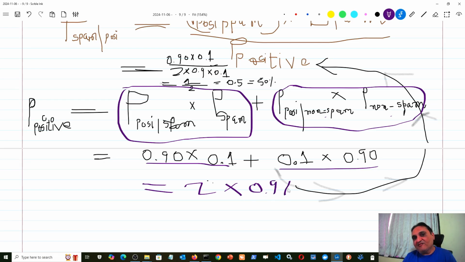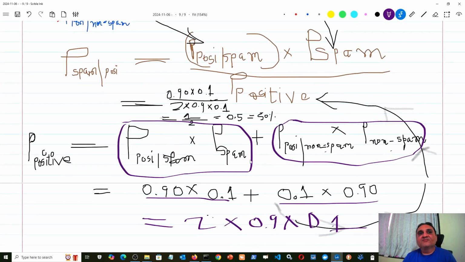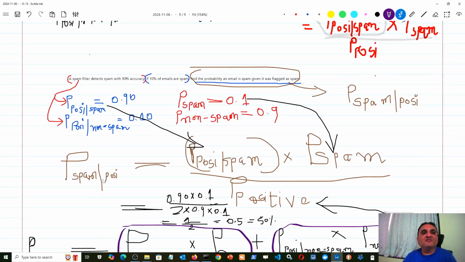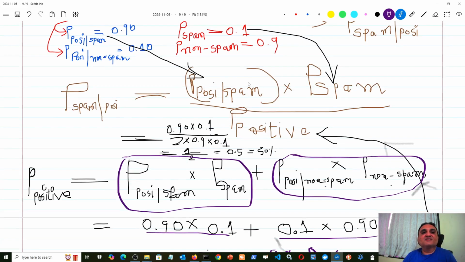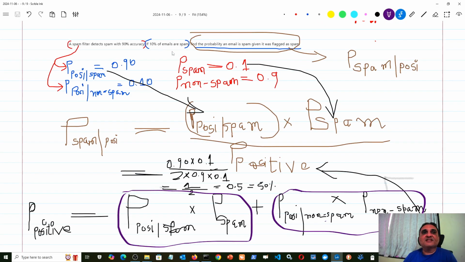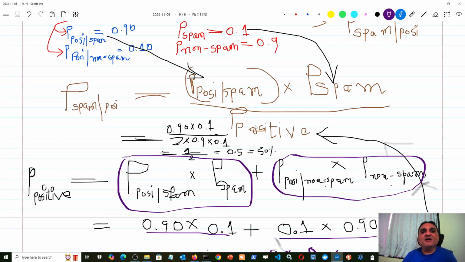So if I take that value of P positive and substitute it in my equation, then P spam, given that it is flagged as positive, is equal to 0.90, because when the whole sample is made up of spam, it is accurately detected as spam in 90% of the cases. So 0.90, and in the entire population, 10% of emails are spam, so this is 0.1, divided by P positive, which I have calculated as 2 multiplied by 0.9 multiplied by 0.1.